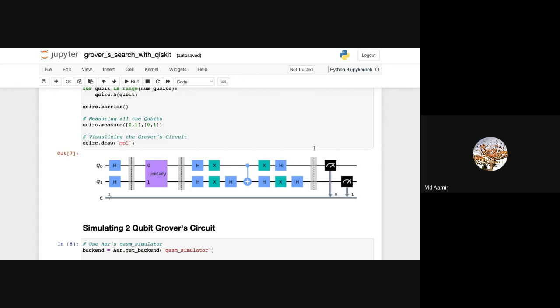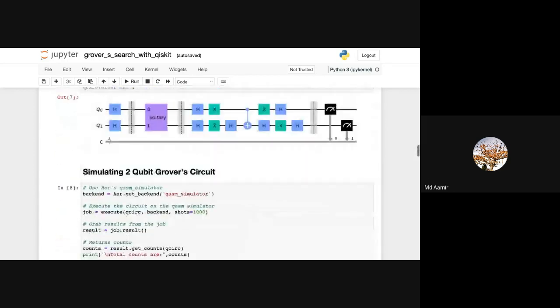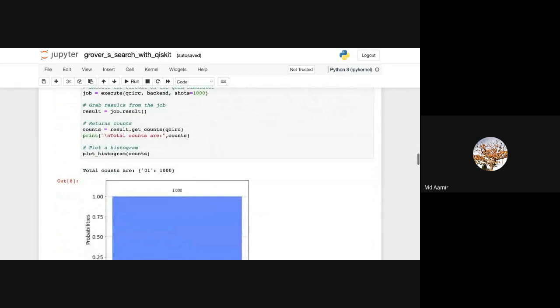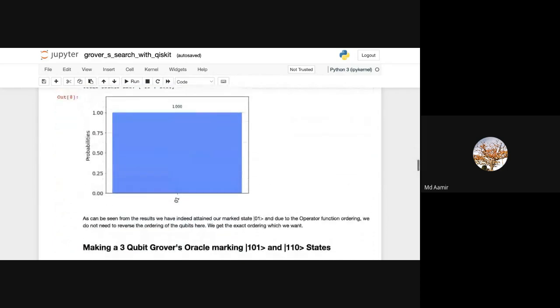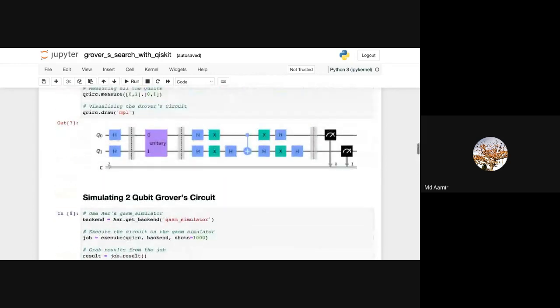We only applied one iteration of the Grover circuit here, and then we can perform the measurement to see what we get. If we simulate this, we can see that we get 01 with probability 1. So this works very well for 2 qubits with only one iteration.